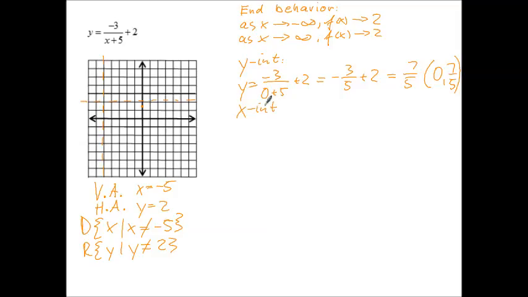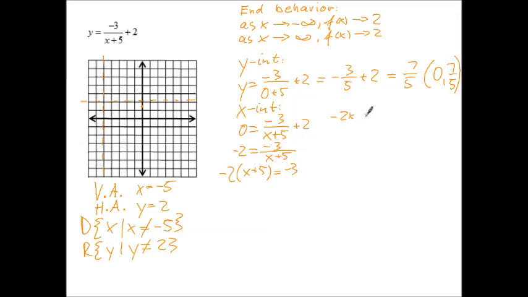Our x-intercept, where y is equal to 0: 0 is equal to -3 over x plus 5 plus 2. Moving the 2 to the other side, -2 is equal to -3 over x plus 5. -2 times x plus 5 is equal to -3.